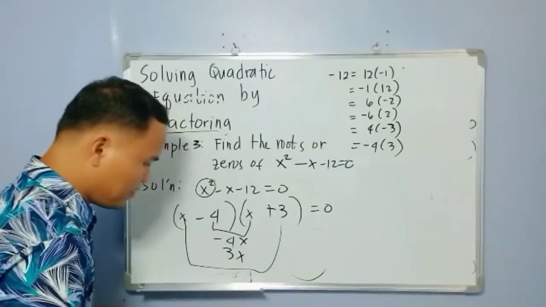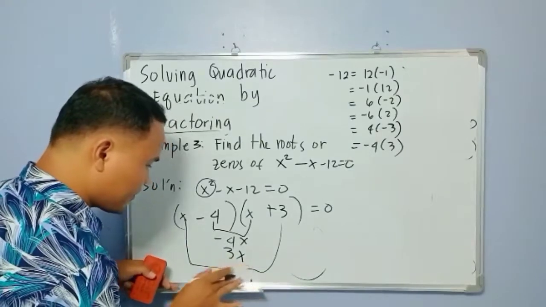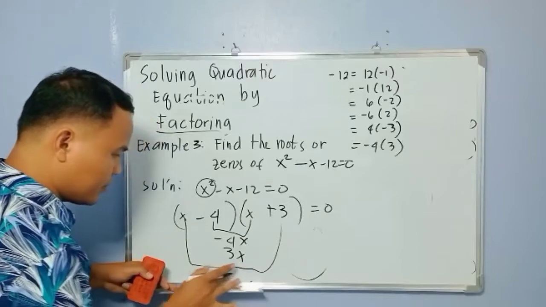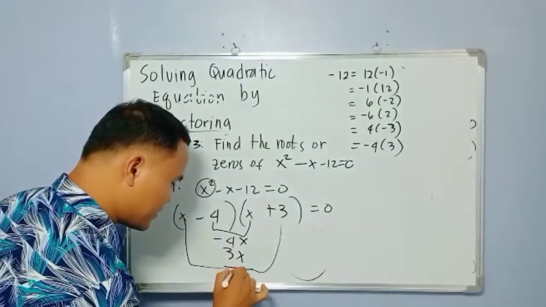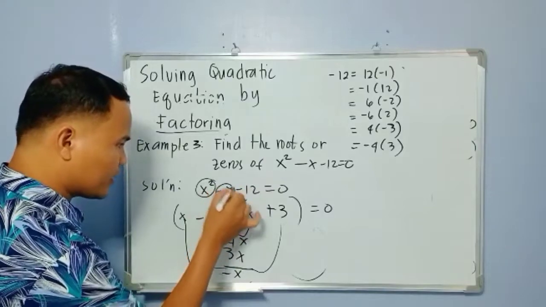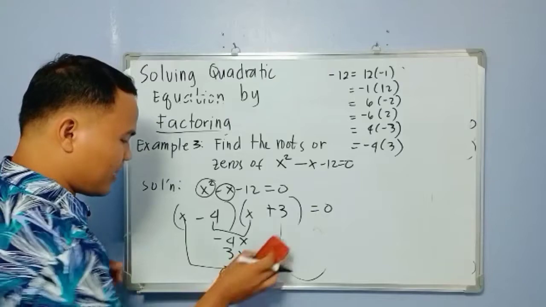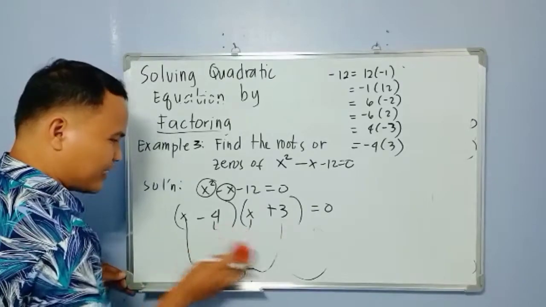Get the sum. The sum is negative x. Are they the same with our linear term here? Yes, they are the same. So therefore, the factors are correct now.